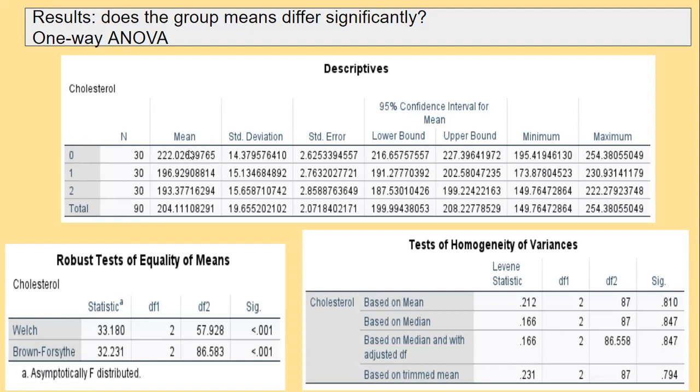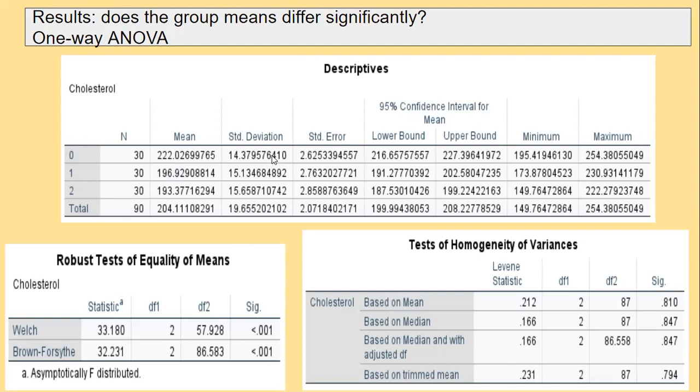And then we see the mean of the cholesterol level in each group. As we can see, group 0, the control group, has the highest mean level of cholesterol when compared to treatment B, which has the lowest level, and group 1 came second, 196.